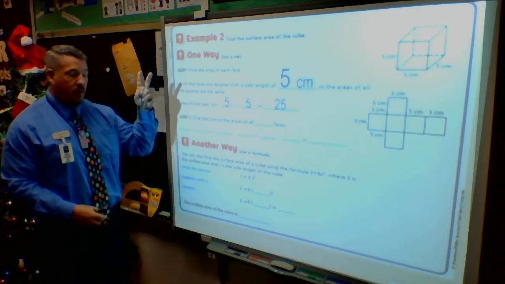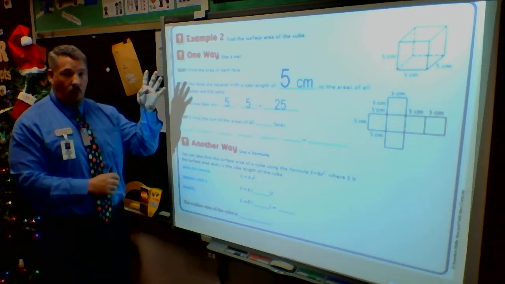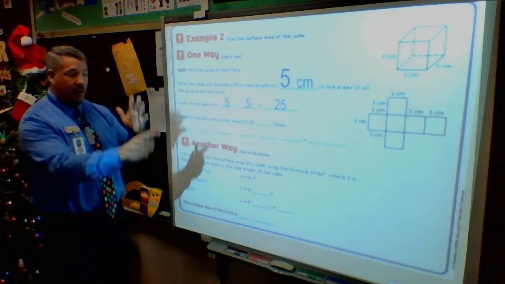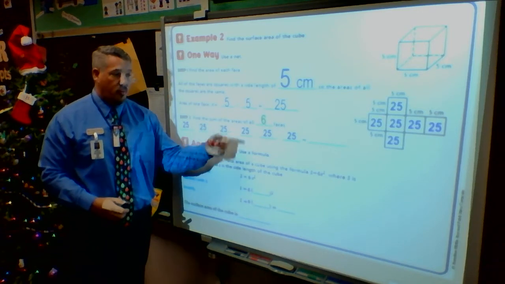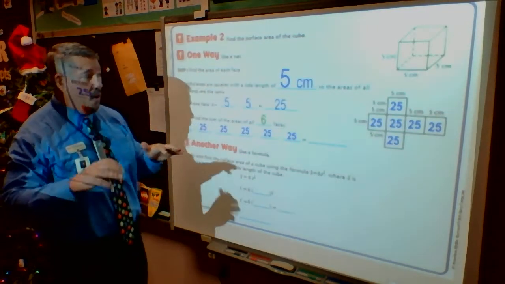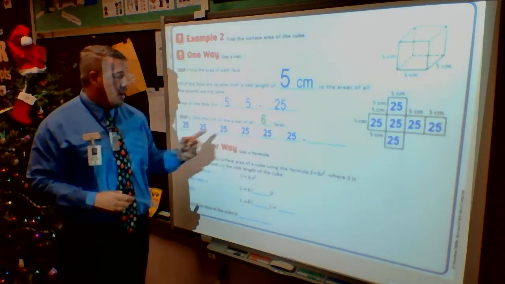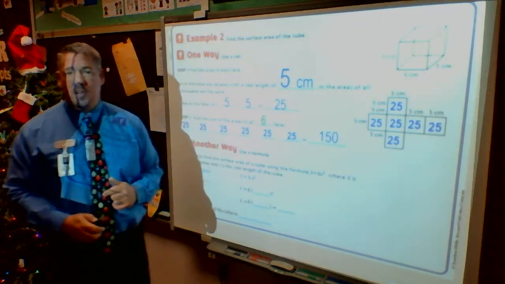That's 2. The top is 25. The bottom is 25. That's 4. The right is 25. The left is 25. That's 6. Every one of those faces is going to be 25 square centimeters. There are 6 faces. I add those together. I get 150.